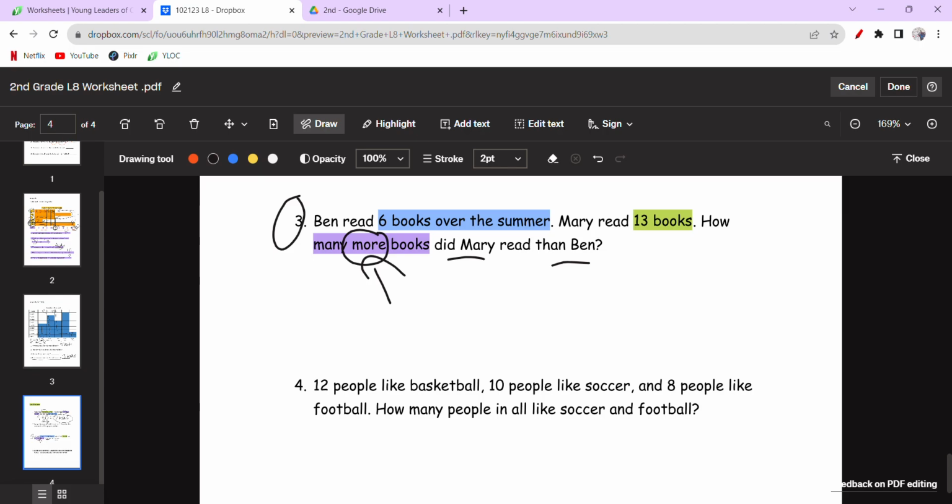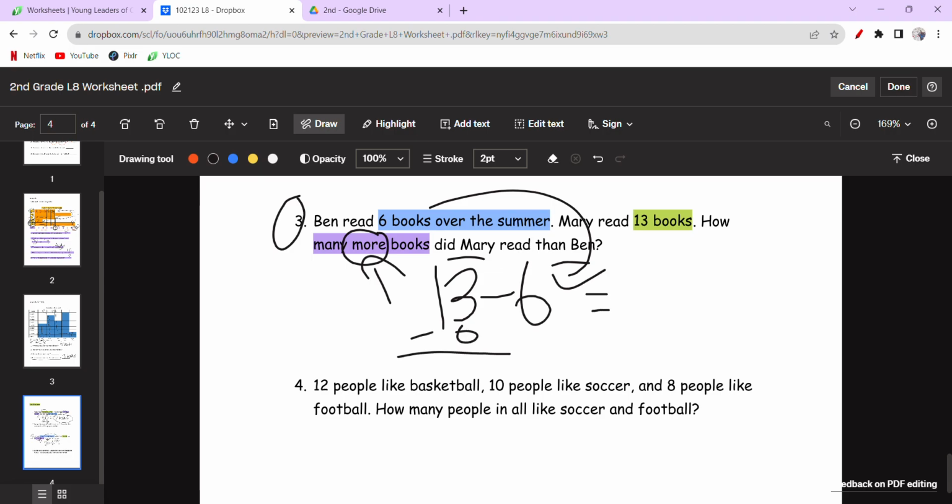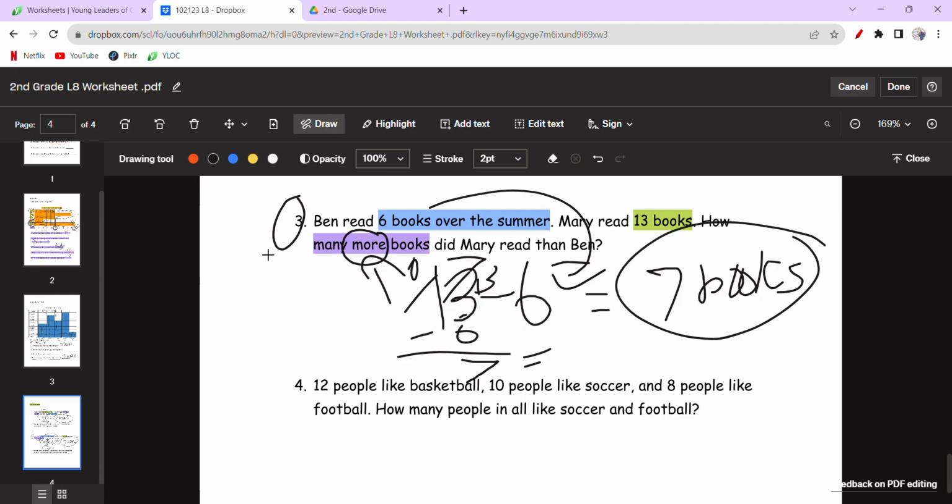So Mary, 13 books minus the 6 books. 13 minus 6, you can borrow, and then 13 minus 6 would equal 7. So she has 7 more books than Ben.